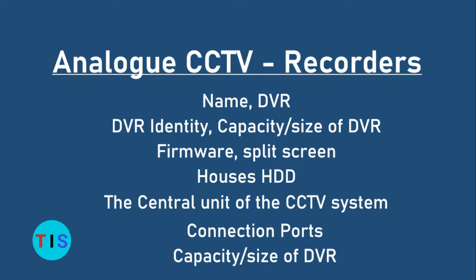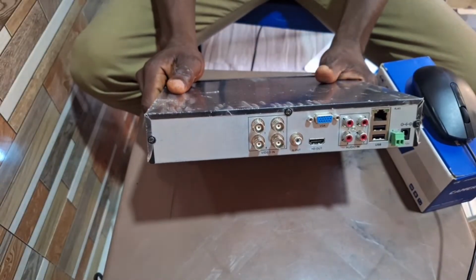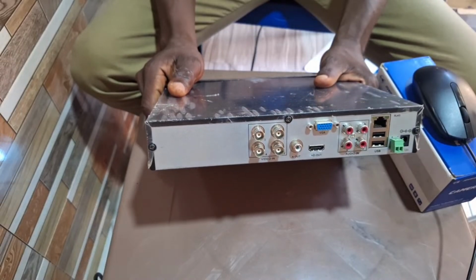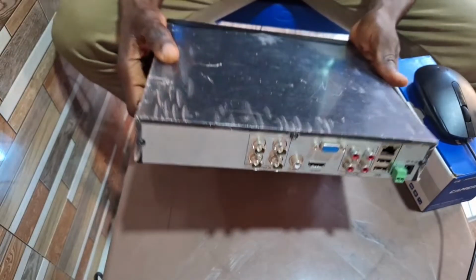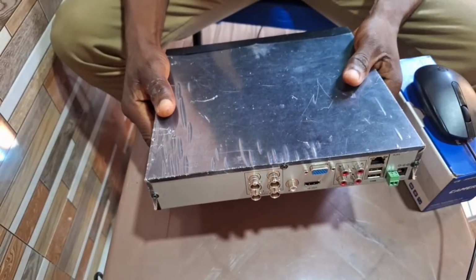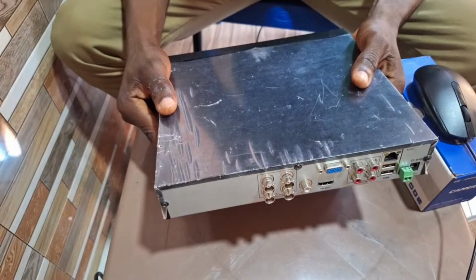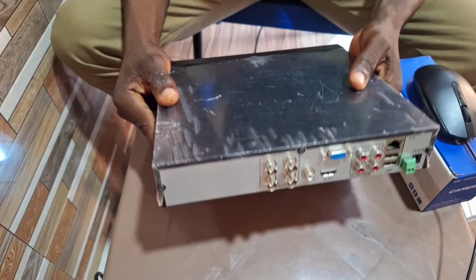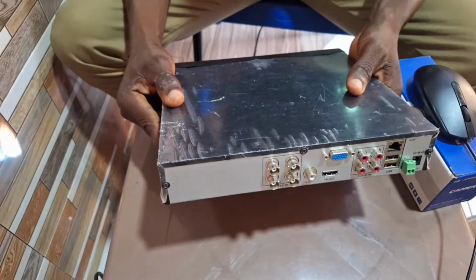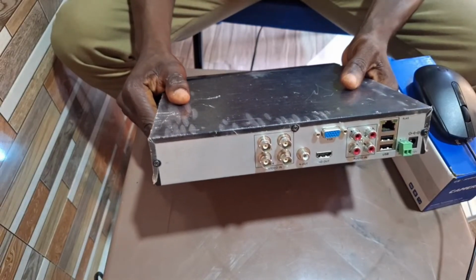And so it's an important aspect of your CCTV installation, which is meant for analog CCTV. What we call the recorder for analog CCTV is the DVR. This is a DVR, or digital video recorder. That is what DVR stands for.